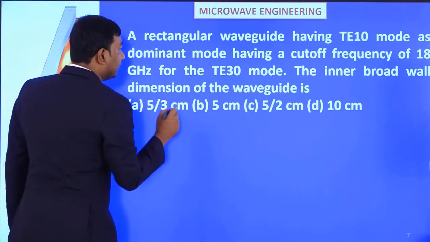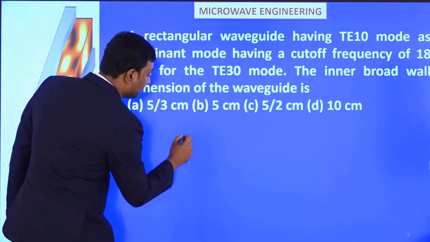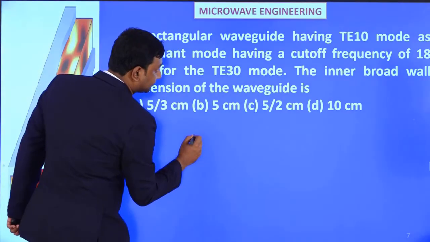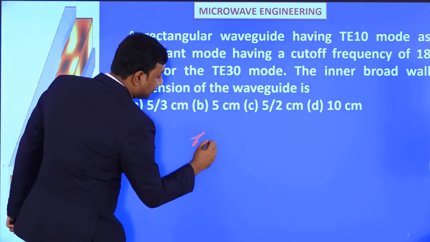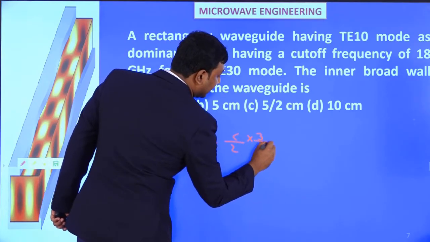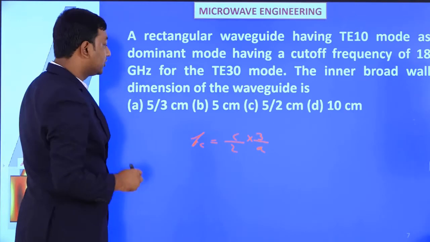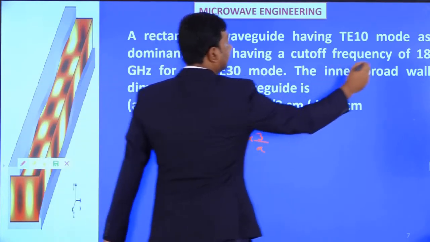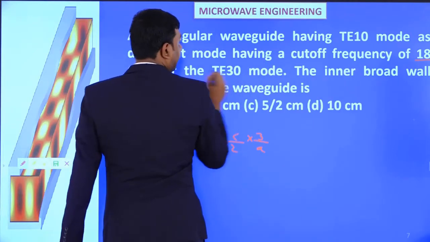So we know the frequency expression for TE30 mode, Fc equal to c by 2 into m by a. Fc is given as 18 gigahertz, and the m value is 3.